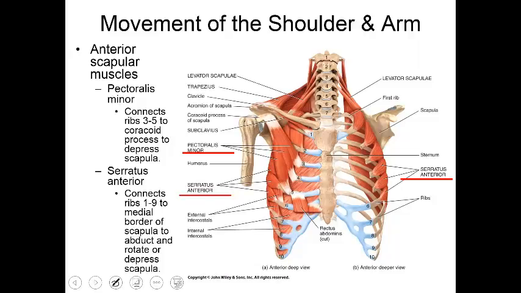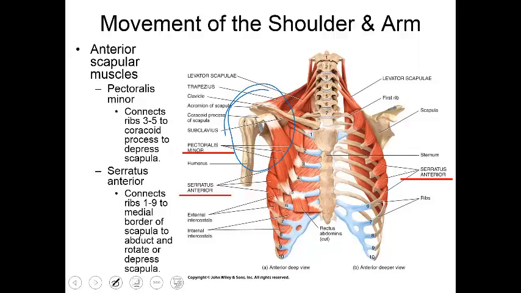So let's first talk about movement of the shoulder and the arm. Right here what you're looking at is the deep view of the thoracic region. Now in the thoracic region, you have your shoulder blades, you have your clavicle on the anterior side, and here's the ball and socket joint which forms your shoulder.